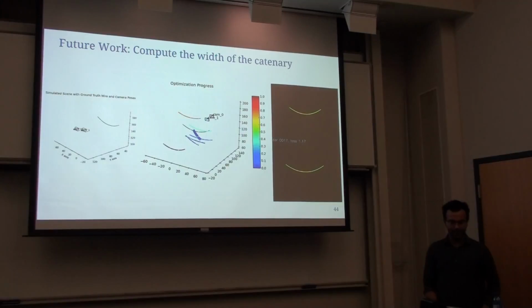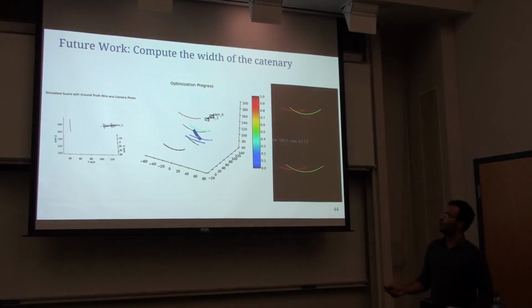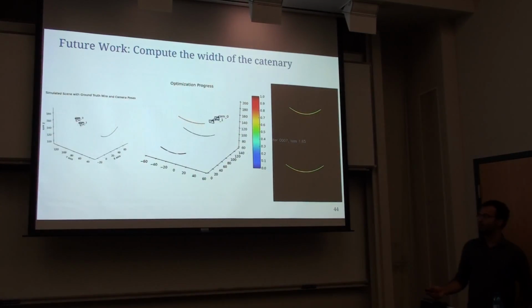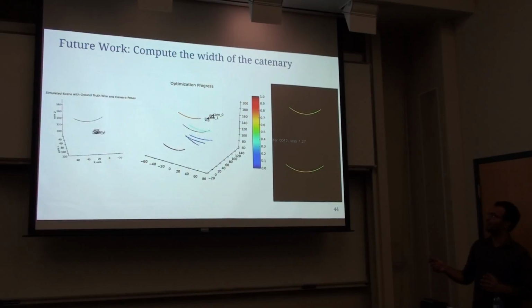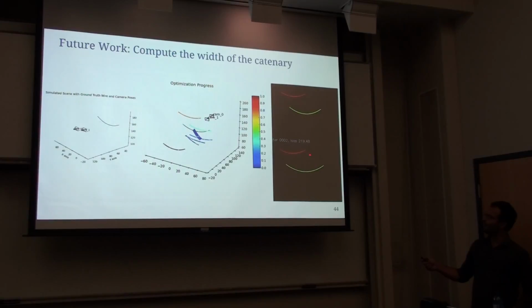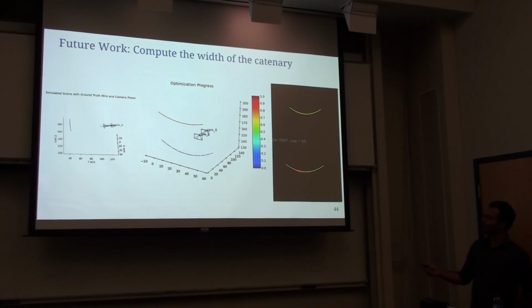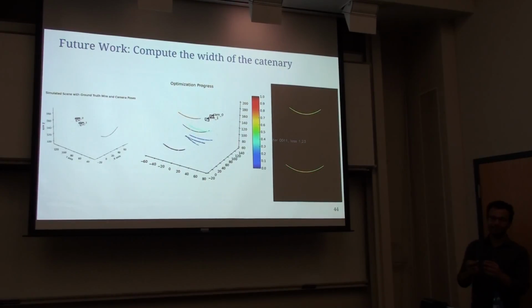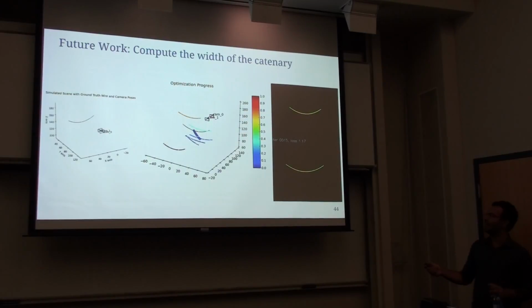So, future work inspired by a failure case. This is again an avoidance scenario with 2 examples. Here you can see that these views aren't enough, and the black is the ground truth. Even though in the image space we are doing something reasonable, because our width was kind of heuristic, and here our width estimate of the catenary curve was wrong, we are converging to the wrong answer, even though our loss is going down.